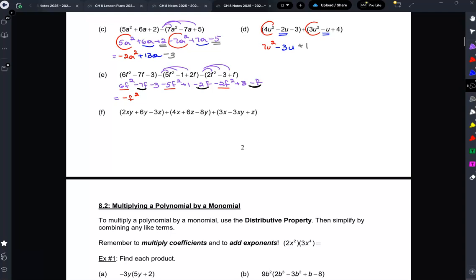How much altogether? Minus 3f. Let's try again. No, negative 10f. So negative 7, negative 2 is negative 9, negative 1 is negative 10. Is it plus 1? It is plus 1.